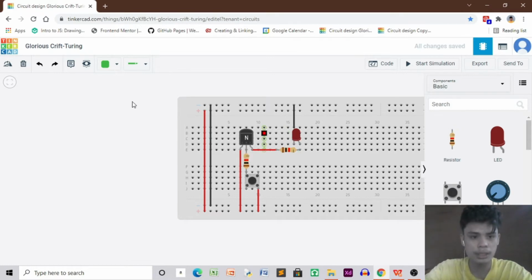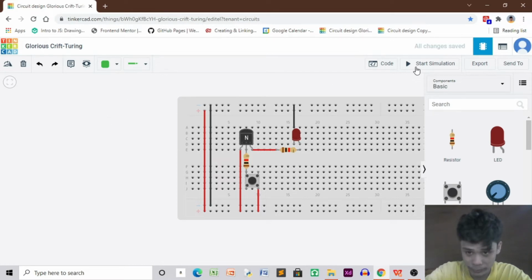And for those who are not familiar with the breadboard, in the upper portion the plus and minus rails are connected in a horizontal position. We can see that line, and the same thing at the bottom, connected horizontally. The middle portion is connected in a vertical position. So whichever pin you put here is connected to whichever pin you put here.